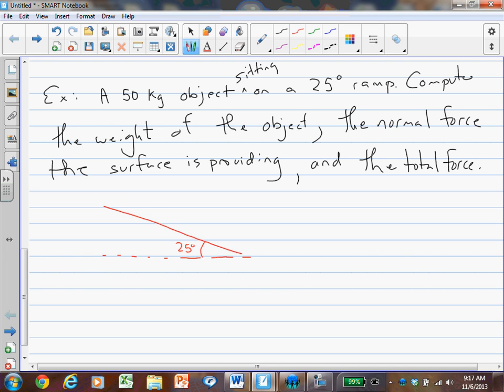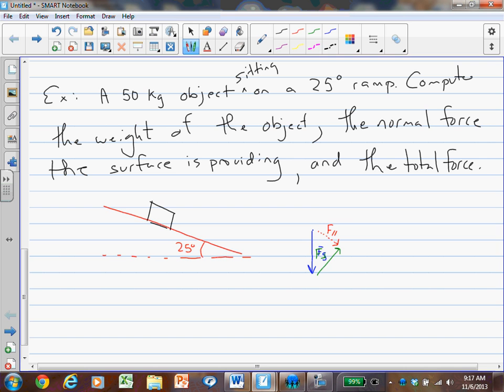25 degrees. We have an object. On that object, we have Fg down. We have an F perpendicular. If you took F perpendicular and brought it down, you could see that those two add together, head to tail, to give you this force, which is called the total force.